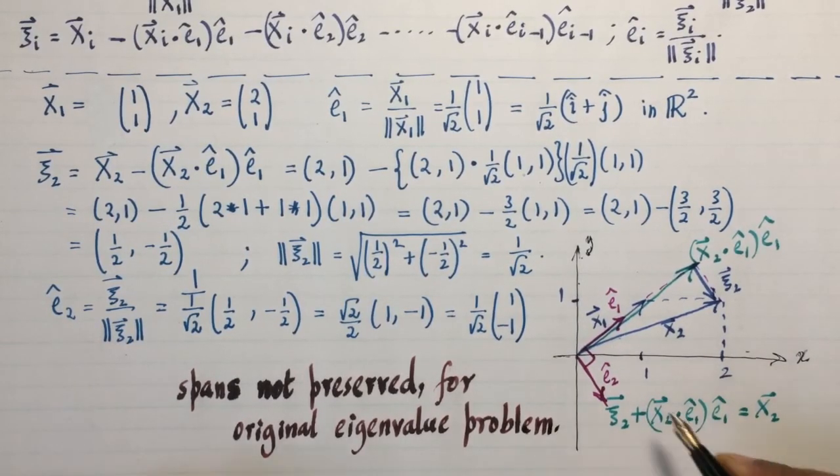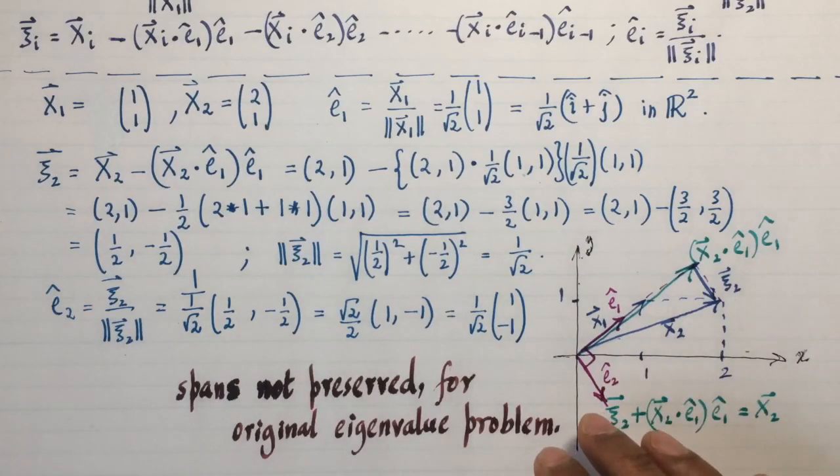But the vectors at the end are certainly 90 degrees to each other. Later on in the course, we'll be studying the same Gram-Schmidt process, but for infinite dimensional spaces involving functions rather than vectors. But this will be a first pass at the Gram-Schmidt process before we come to that more complicated procedure.